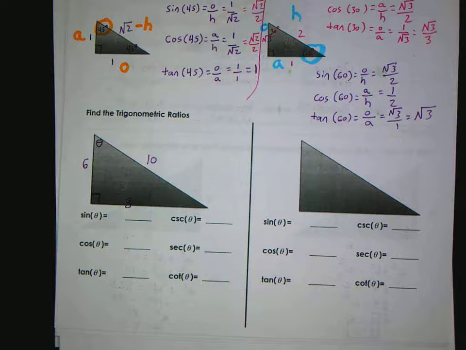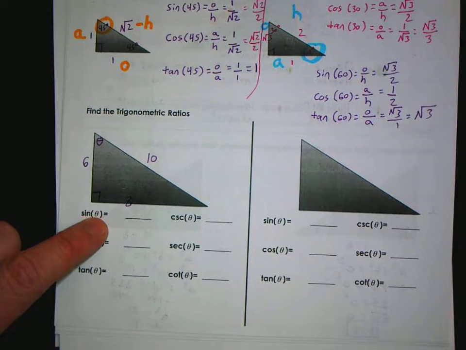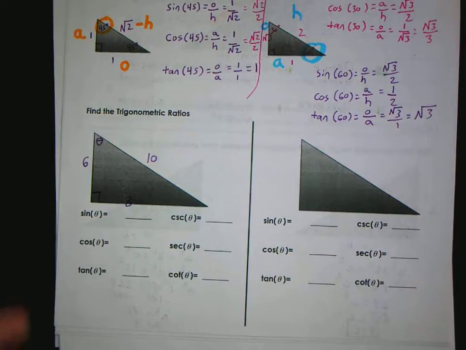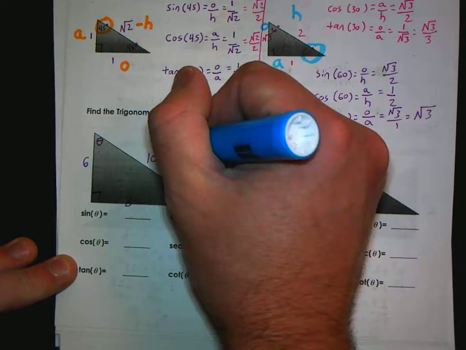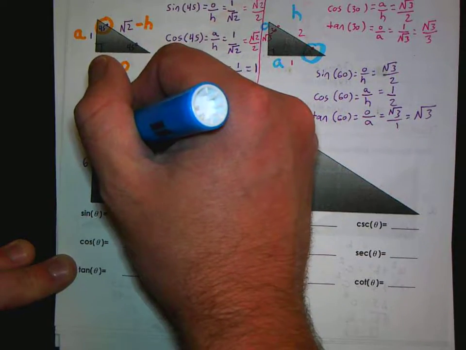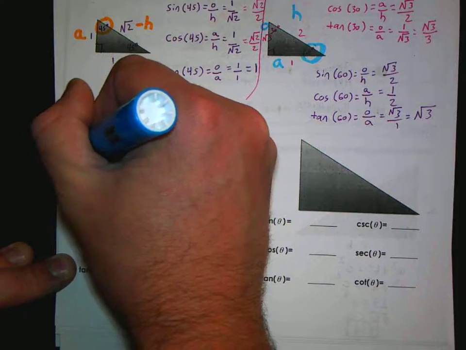Now let's fill in the trig ratios for sine of theta, of that angle. That's what we call that, theta. So this will be my h. It's always my h. Opposite my reference angle, this is my O, and this would be my A.